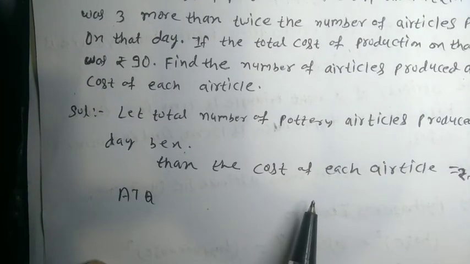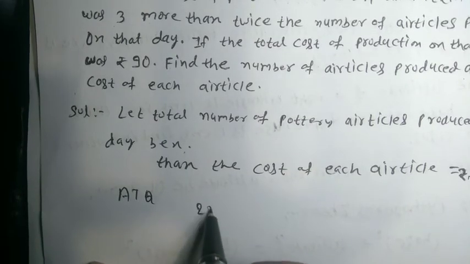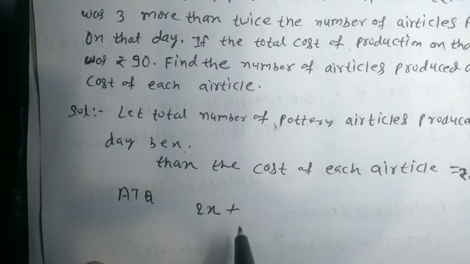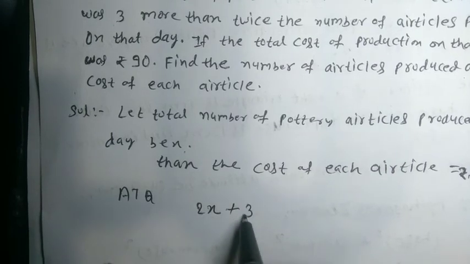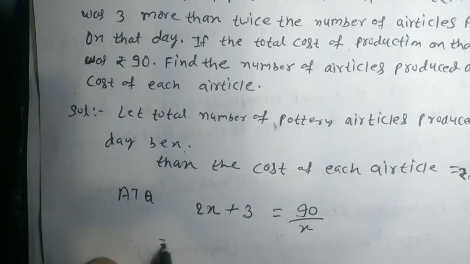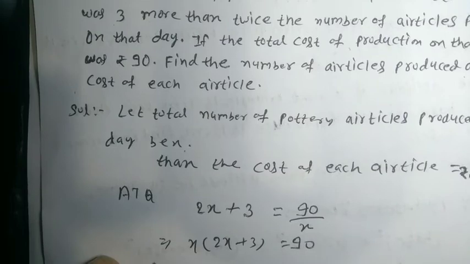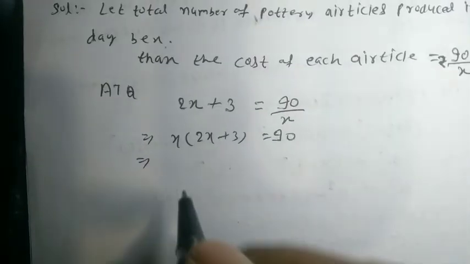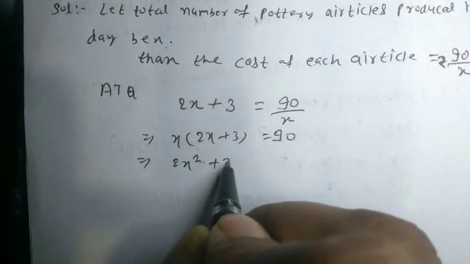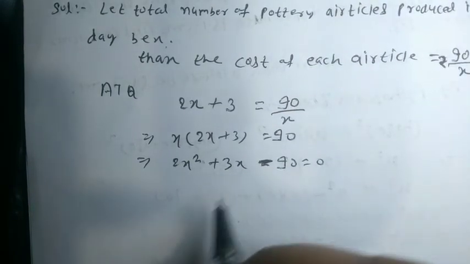Twice the number of article, it means that 2x, 3 more, plus 3, that is equal to 90 by x, implies x into 2x plus 3, that is equal to 90, implies 2x square plus 3x minus 90 is equal to 0.